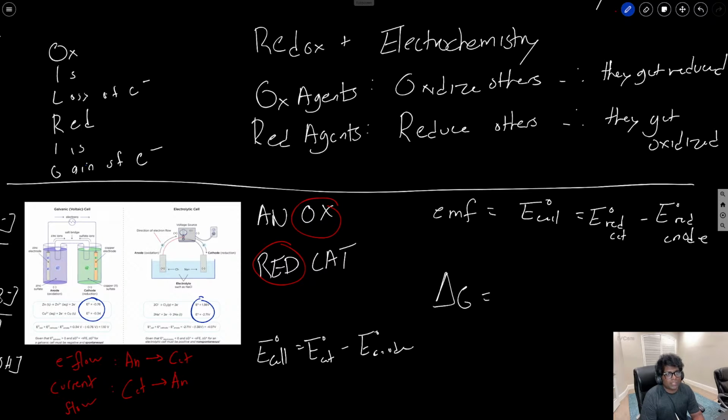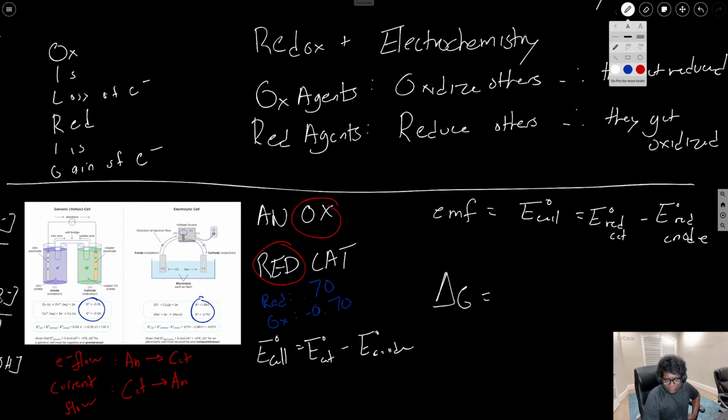If they give you oxidation potentials, it's essentially the inverse of reduction potential. So if the reduction potential for something is, say, 0.70, its oxidation potential will be negative 0.70, and vice versa.